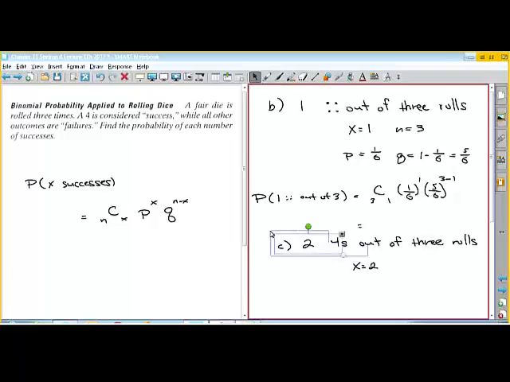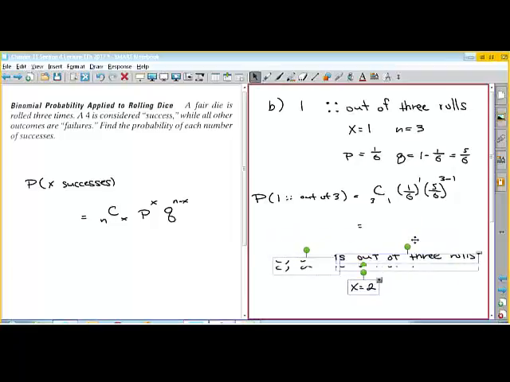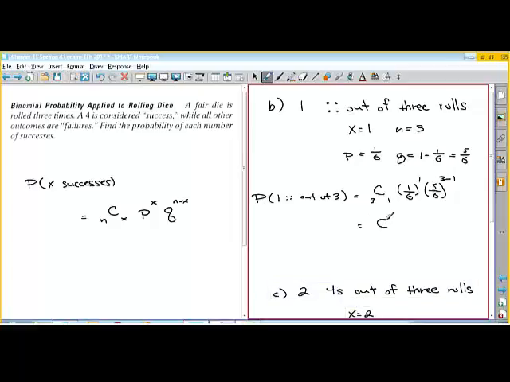So let me move this one down a little bit. We're going to have 1/6 to the first power, and 3 minus 1 is 2, so you get 5/6 to the second power. Second power, not 5th power.